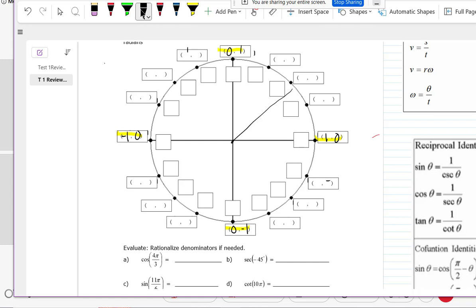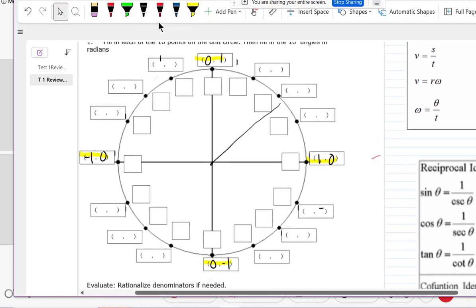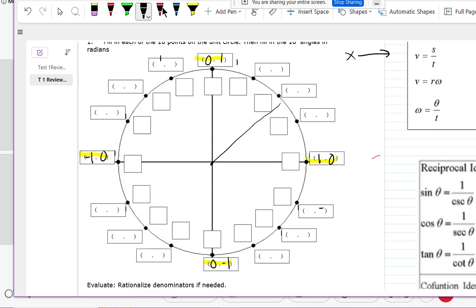Now, as far as these other points go, all you have to know how to do is count to 3. I'm serious. It's real easy, and it's also very logical. Your x values get bigger as you go to the right, so in my x, I'm going to go 1, 2, 3. My y values get bigger as you go up, so I'm going to go 1, 2, 3.